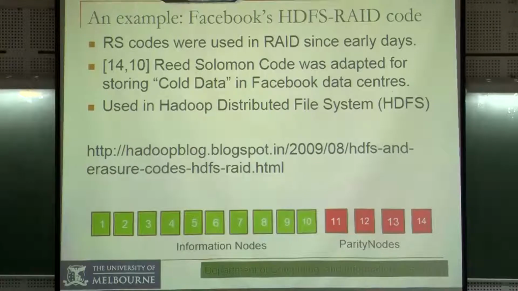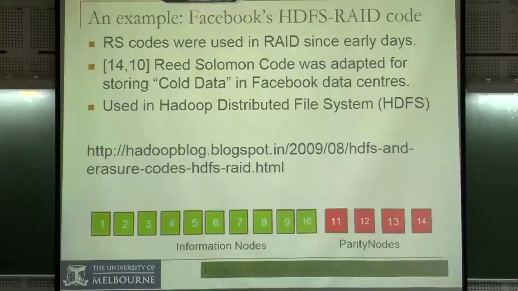Normally the initial code is over bytes, and what happens is that if you have, say, 64 MB of data, which is one block in HDFS, the first 10 blocks will be sent to 10 different nodes, and the parity blocks will be generated based on that.